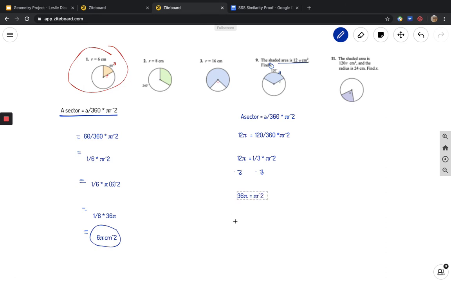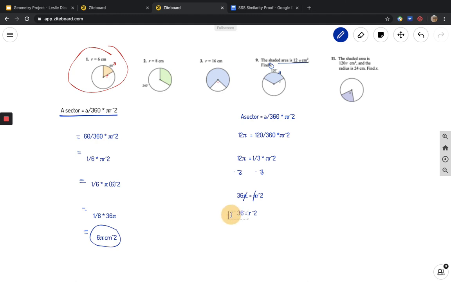Once we have that, we see pi on both sides. We can divide by pi, and dividing by pi would basically get rid of it. So what we're left with is 36 is equal to r squared. Now, since 36 is a perfect square, we have no decimals.